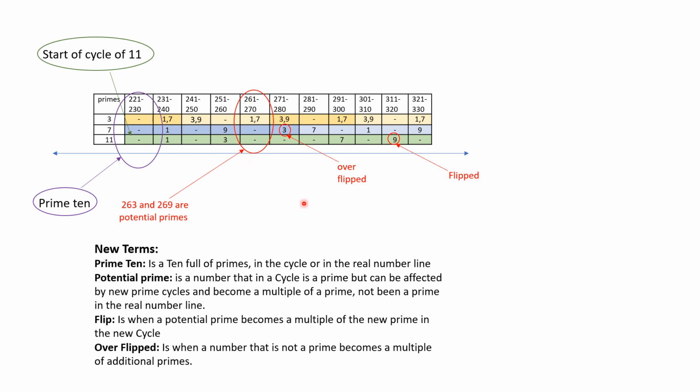Why potential? Because they could be multiples of other prime numbers that are not yet studied, that we haven't taken into account their cycles. So they are potentials. This is prime 10 when there are no multiples in a box. Overflip means that there is a repetition of two multiples. That's overflip.